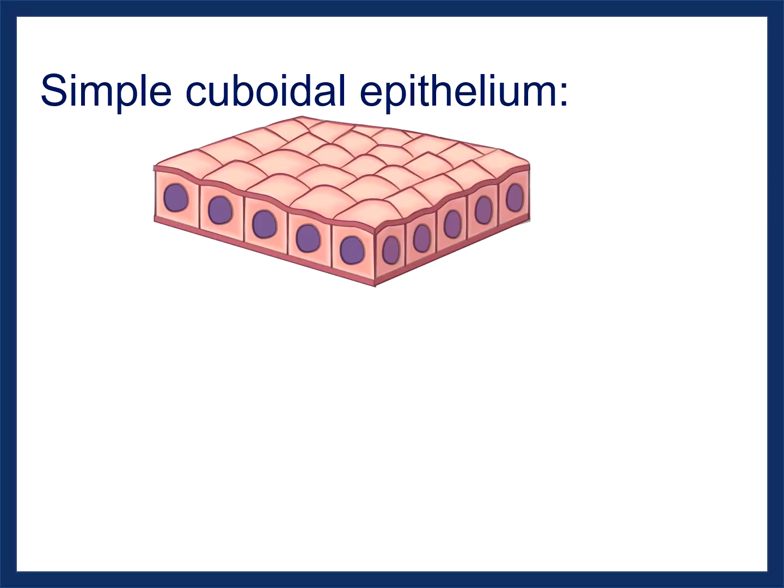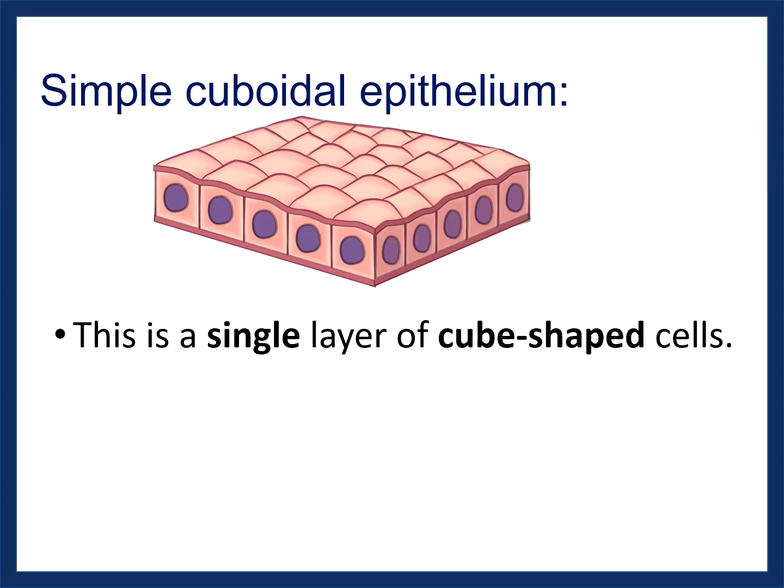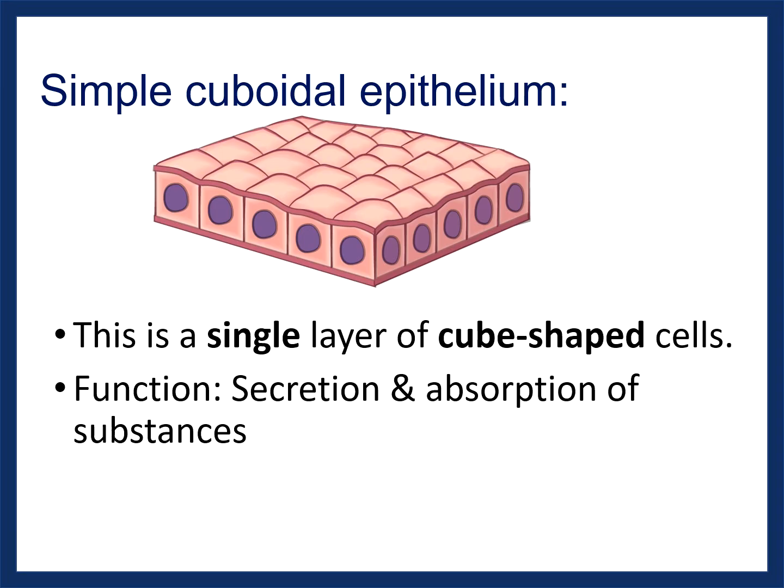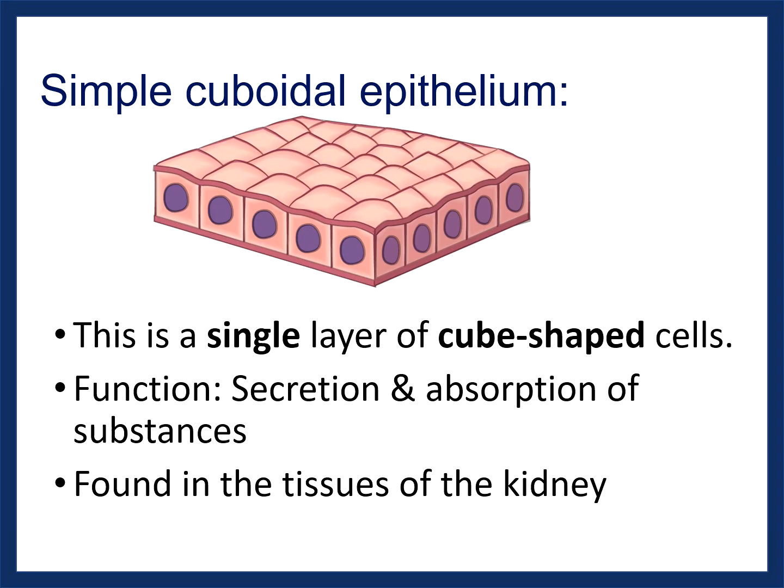When it comes to simple cuboidal epithelium, this is going to be, again, a single layer because it's simple, but these are going to be cube-shaped or roundish cells. These guys are going to function for the secretion and absorption of substances. So, for example, the kidneys act as a filter in your body, and they filter your blood like 300 times a day.